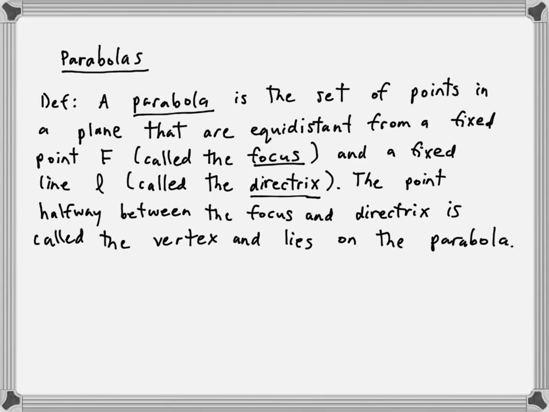Okay, so I would like for us to have a picture of this. So I'm going to do this on the next page here. So here's our directrix. And here, we're going to call this point right here, this is our focus F. So what we want is the set of all points that are equidistant from this point and from the line L. So what do we mean by that?